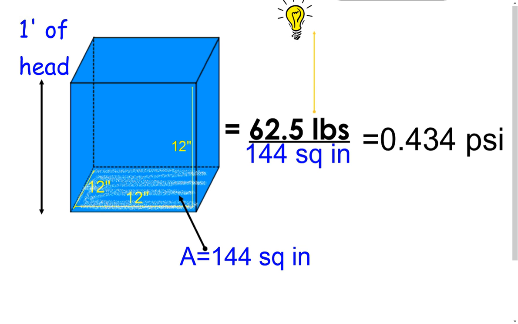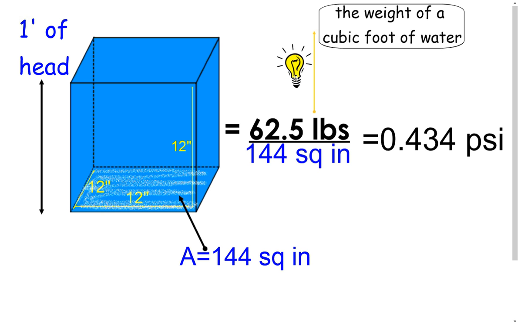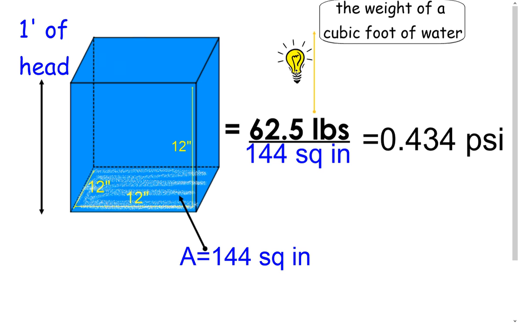You're probably wondering, what is the weight of a cubic foot of water? It's 62.5 pounds. We use that weight of a cubic foot of water, get the foot of head, and then find the area of that base of 144 square inches. If you take that weight divided by the area, you end up with a PSI of 0.434.